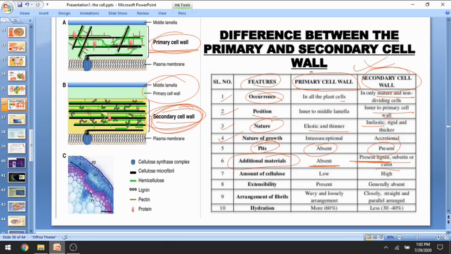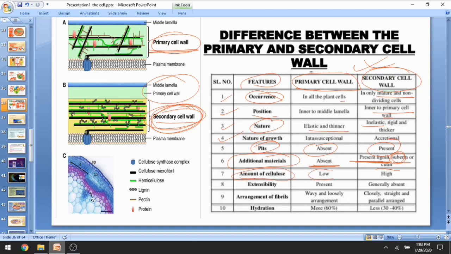Suberin and cutin are wax-like materials, students. Wax-like, a waxy coating that gives shine to leaves. So lignin, suberin and cutin, these are 3 additional materials responsible for giving maturity to the primary cell wall and making it the secondary cell wall. Amount of cellulose.